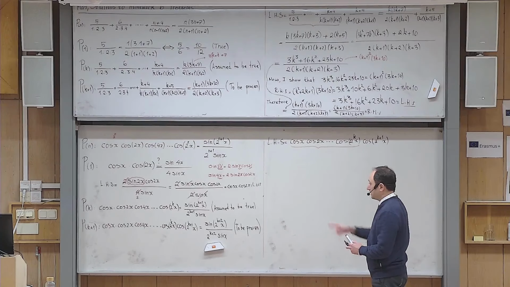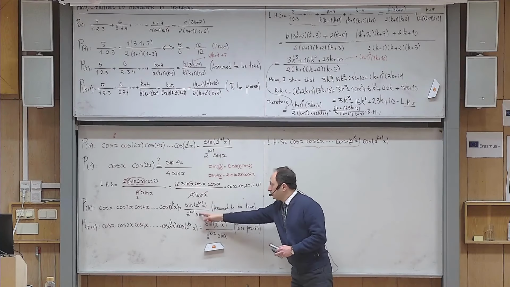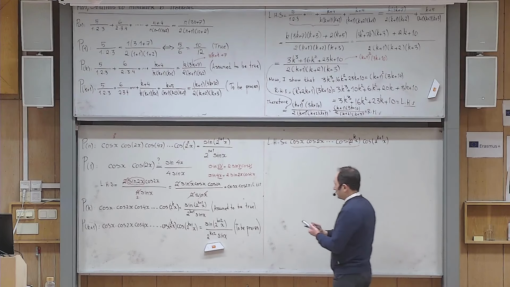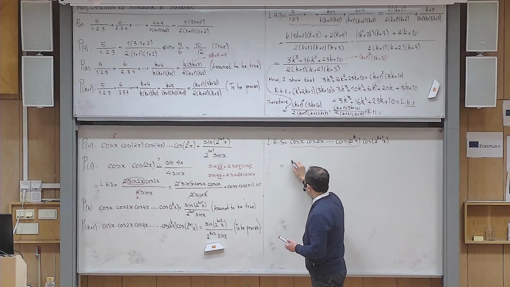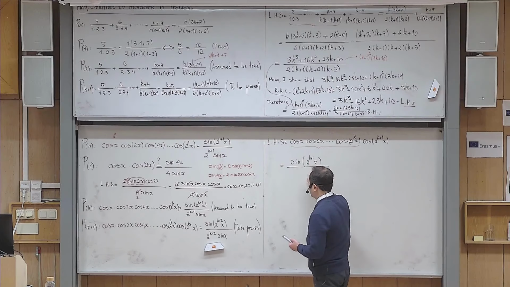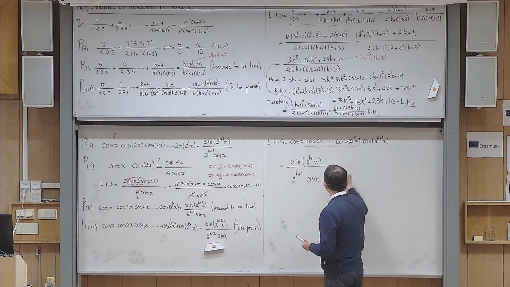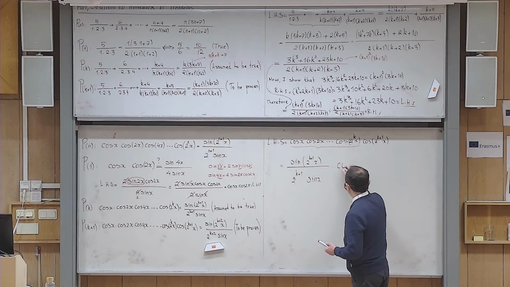And I can replace it with that expression here. And then after that, I have this extra factor. So what happens? It becomes sine 2 to the k plus 1 x divided by 2 to the k plus 1 times sine x, multiplied by that extra factor.